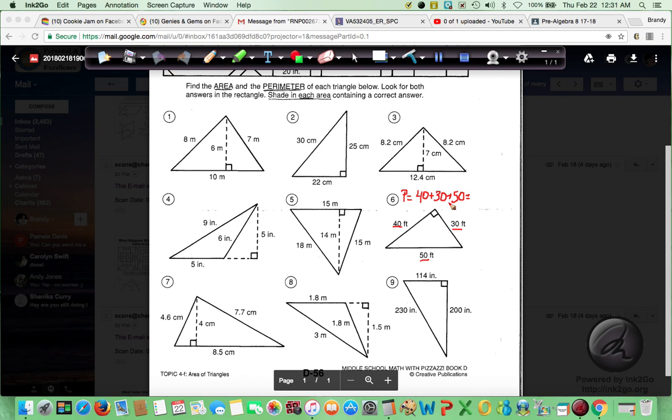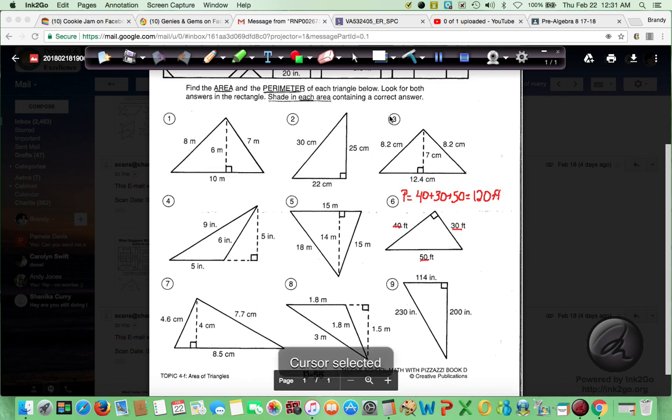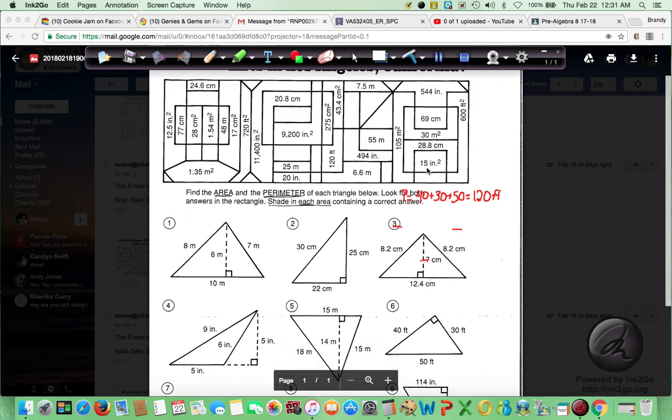You can do this in your head, or if not, use a calculator, that's okay. 40 plus 30 is 70. 70 plus 50 is 120. So this is going to be 120 feet. Now I will tell you this is one of those self-checking worksheets, so if you come up to the top and you don't see that 120 up here, then you know maybe you hit the wrong button or you made some mistake, but we see 120 right here, so we're going to shade that in.